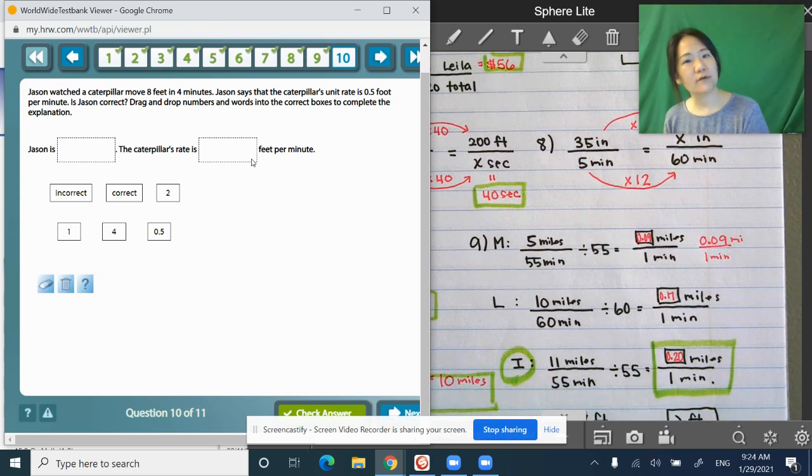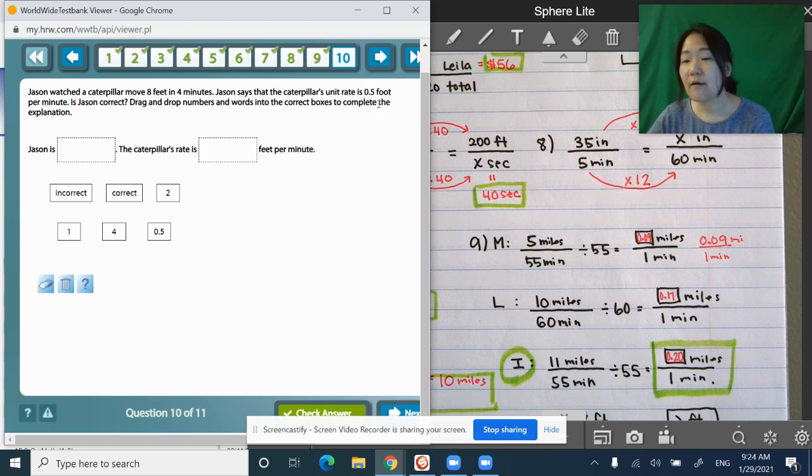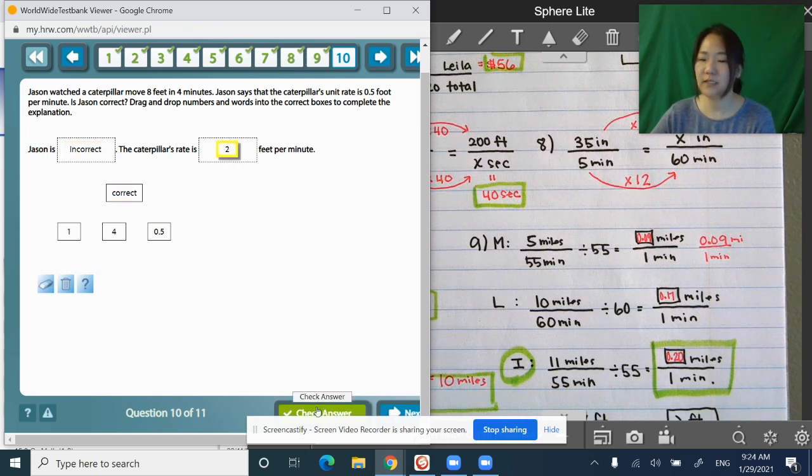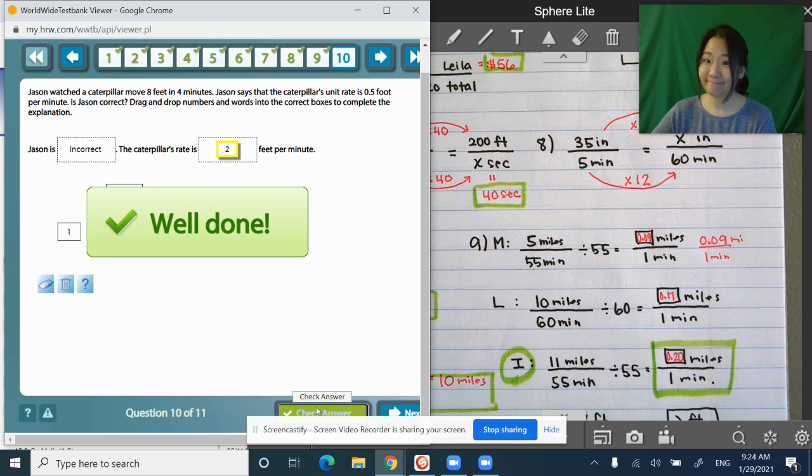So it's 2 feet per minute, and Jason says the caterpillar's unit rate is 0.5, so half a foot per minute. So he's incorrect. The caterpillar's rate is 2 feet per minute.